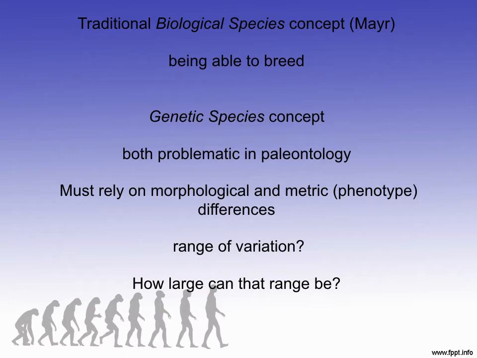Another way to think about this issue of the range of variation, if we think about the smallest humans on Earth today, so a population of humans that are of small stature compared to a population of humans today who are known for being very tall.